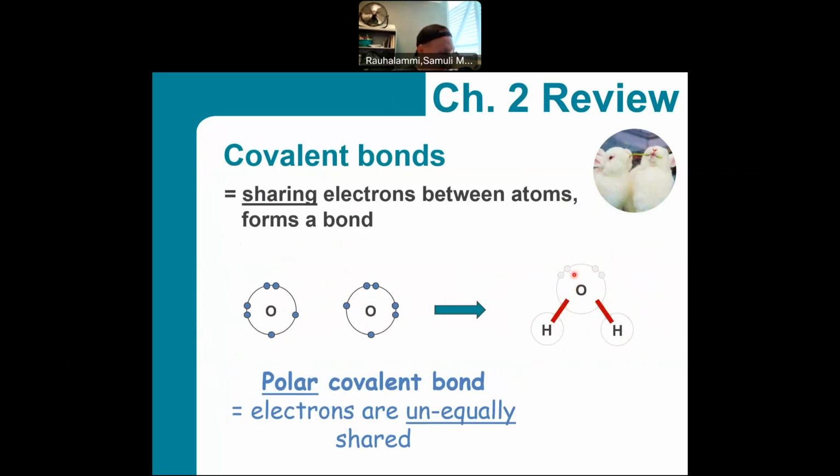So overall, there is a difference in how long of a time we see the electron spending with one versus another part of the particular molecule. So when electrons are shared unequally between the atoms that form the molecule, we talk about it being a polar covalent bond.